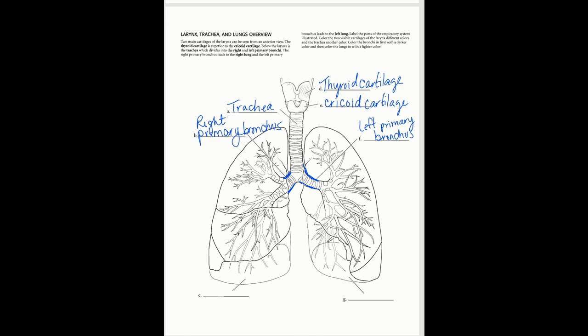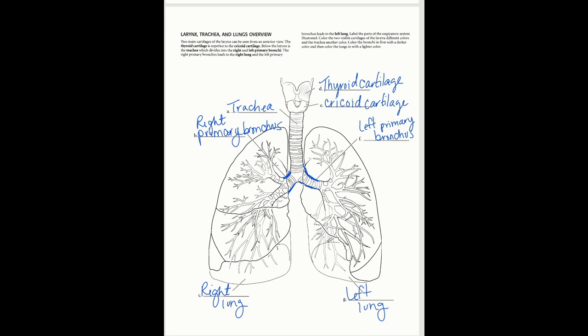Okay, and then down here at the bottom, we're just labeling right and left lung. So we've got the right lung and the left lung. Good there? Think so. Okay.